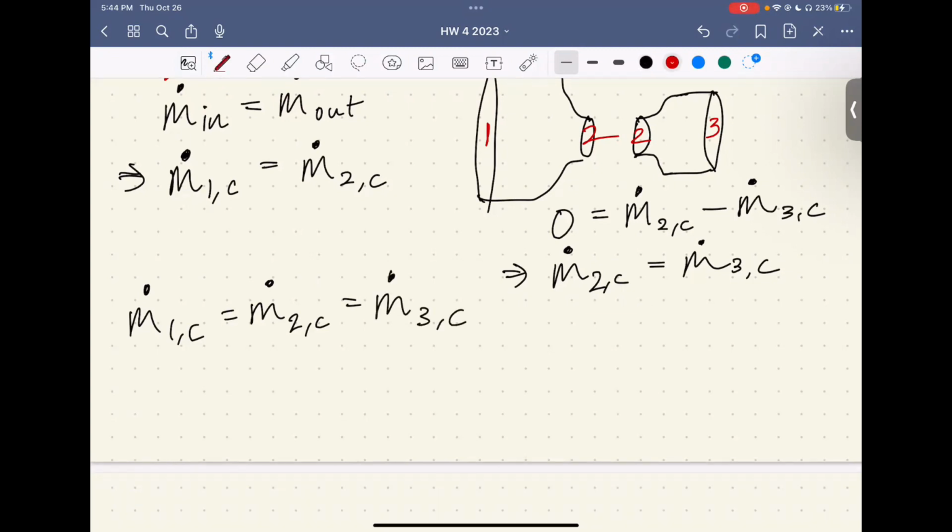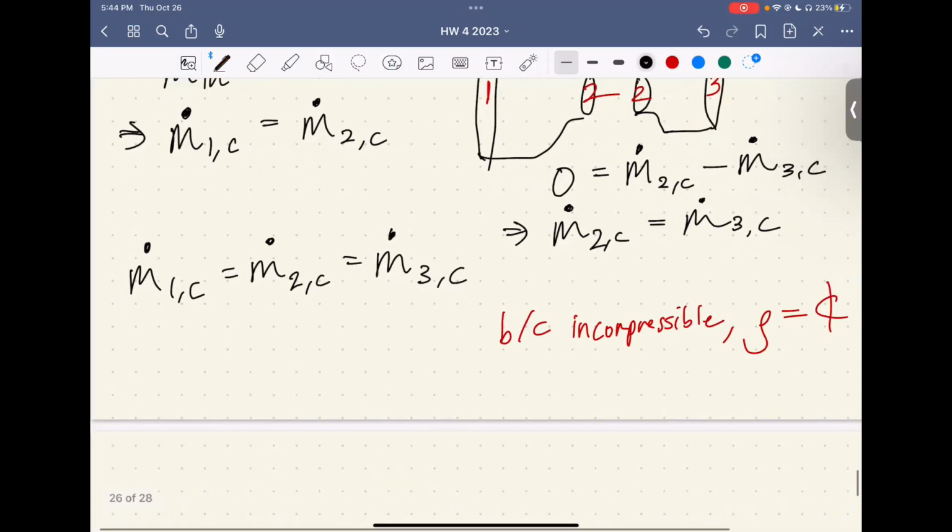Great. And we know that this fluid, this blood, right, is incompressible, right? Because it's incompressible, rho is a constant.